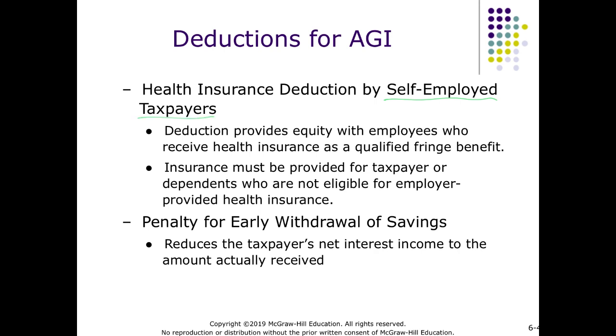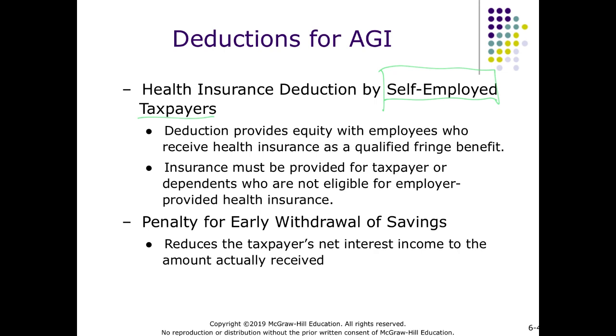This for AGI deduction does not apply to all taxpayers. It only applies to self-employed taxpayers, okay? So self-employed taxpayers can deduct for AGI, okay, their insurance premiums that they pay, okay?